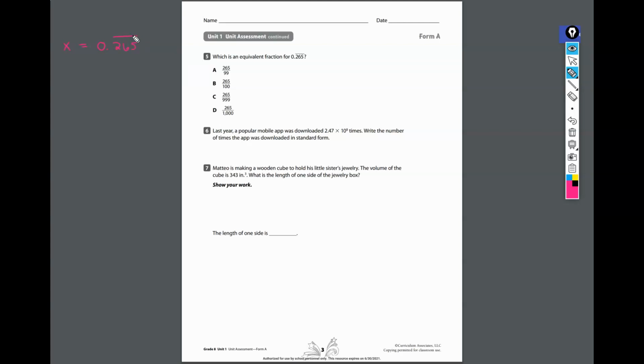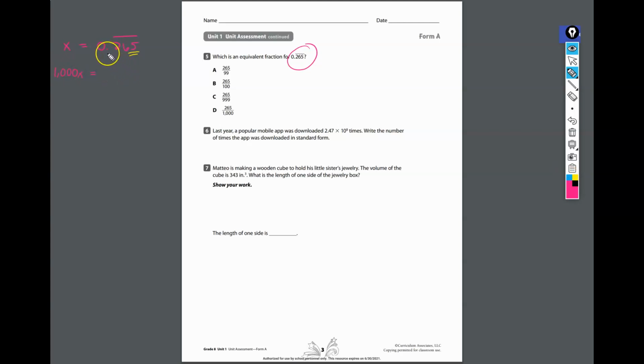What solving the equation will do is give me one of these fractions that are the same value as this repeating decimal. Now if you notice, this last digit is in the thousandths place. So I'm going to multiply both sides by 1,000. So that'll give me 1,000x.